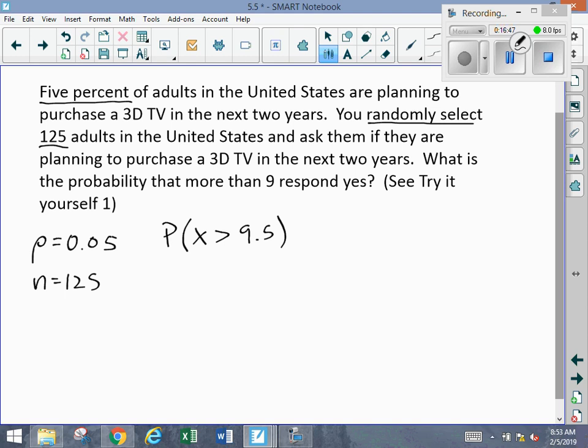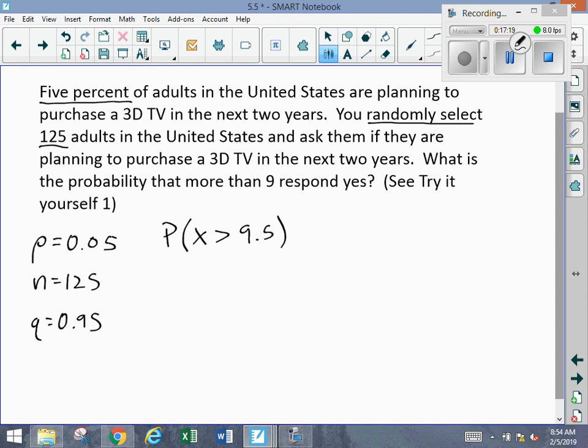So we're going to try to use a normal distribution for this. We haven't determined if we can yet, right? So we're going to find a z-score, or we could use normal CDF in our calculators, as long as our conditions are met. So Q then is 1 minus 0.05, so it's 0.95.